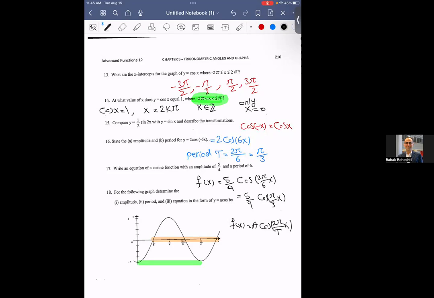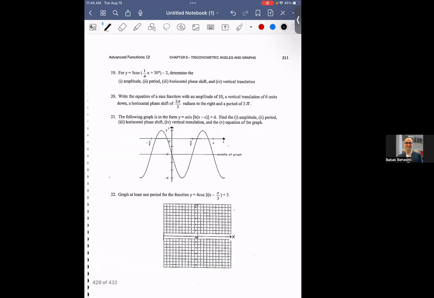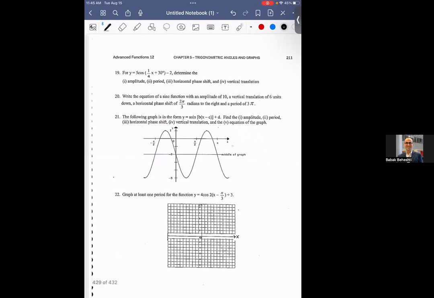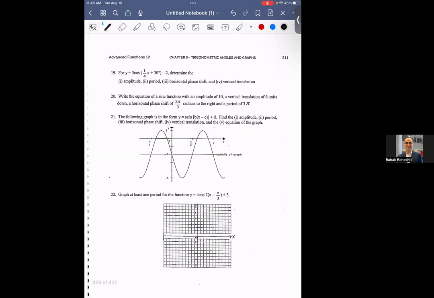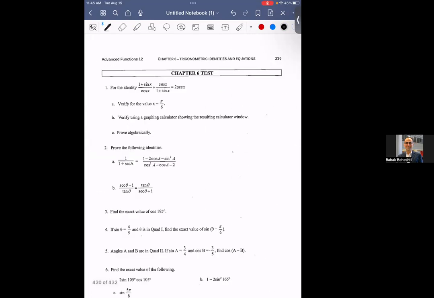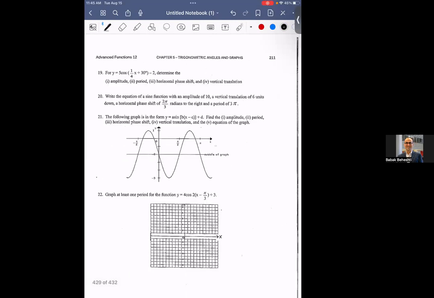Clear? This page? Next page? No questions?